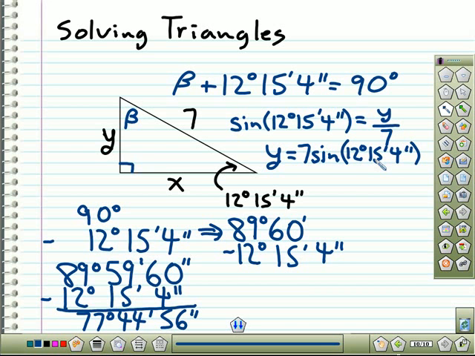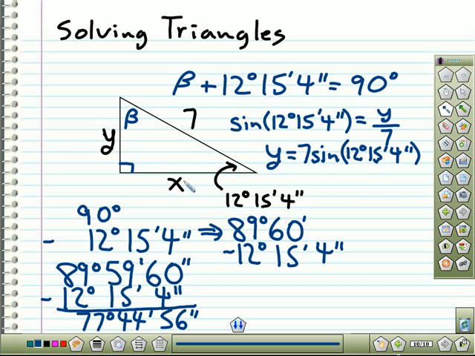Now, while Josh is doing that computation, how would you find x? Yeah, you could use the Pythagorean theorem. I wasn't even thinking about that. What's another way you could do it with the trig functions? Is there any trig function you could use? 1.48. Yeah. This is the adjacent side, right? You can work this the same way you work this one.